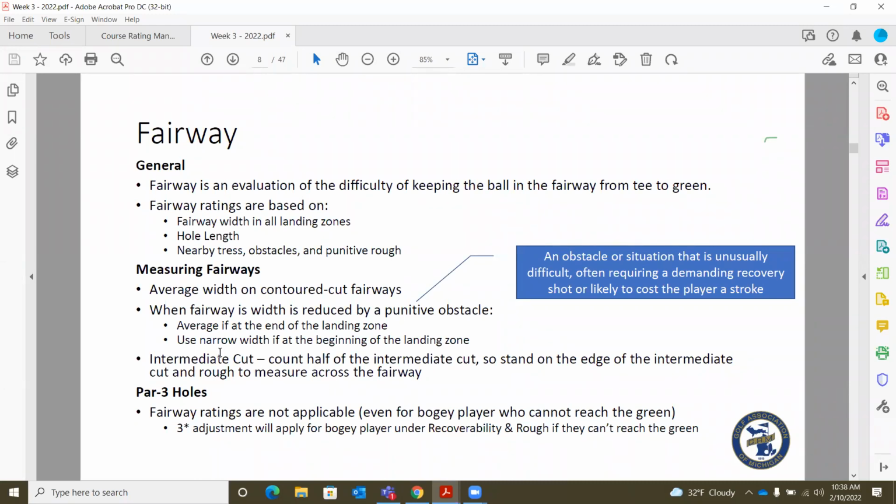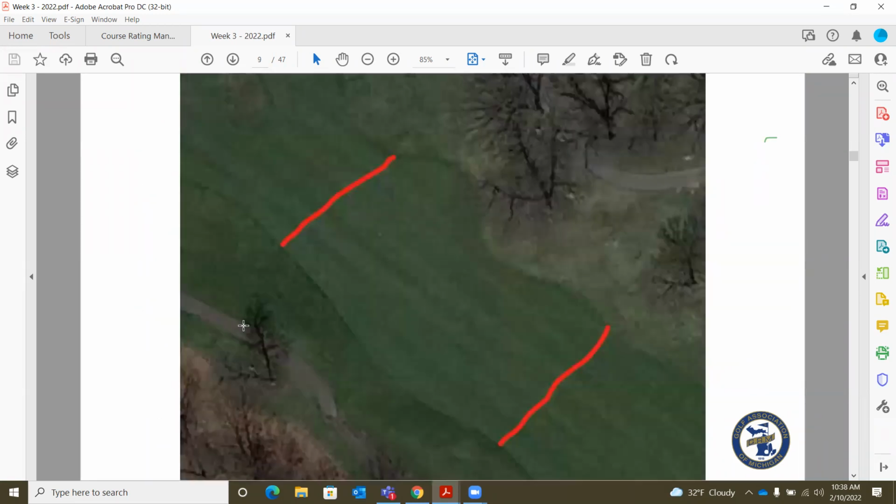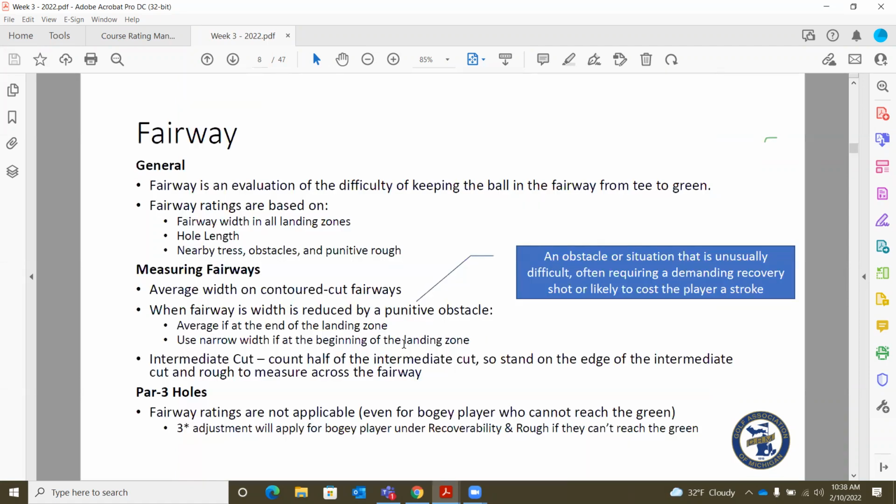If that is at the end of the landing zone, we'll use the average approach, like maybe this is a deep bunker instead of just a rough cutout. In this case here, it's not necessarily at the end. So what we do in this case is we would use the narrow width at the beginning of the landing zone.